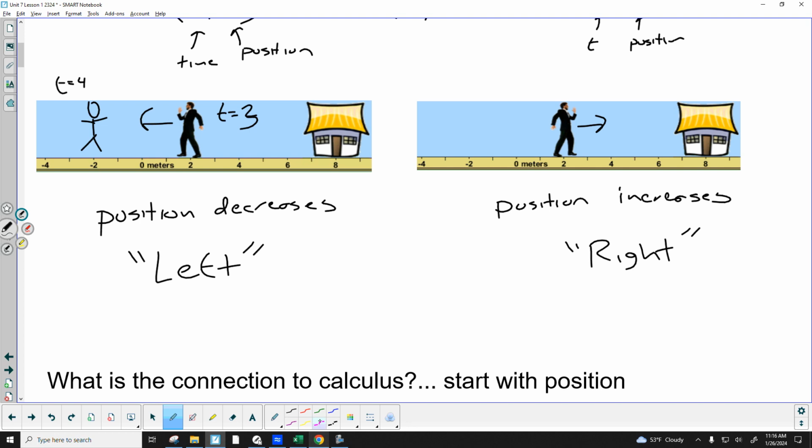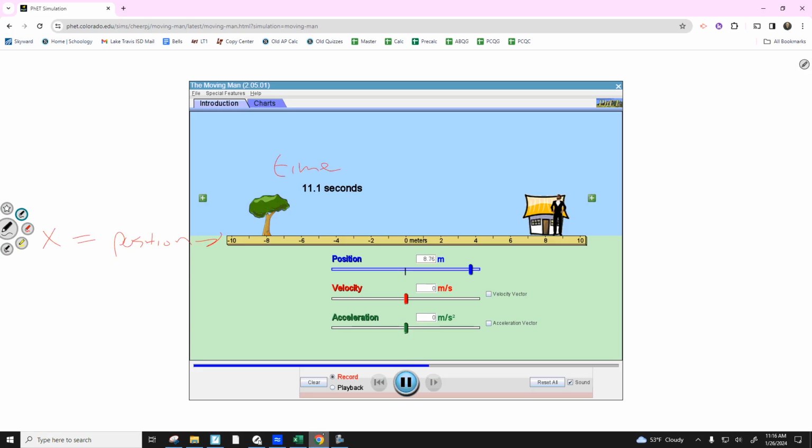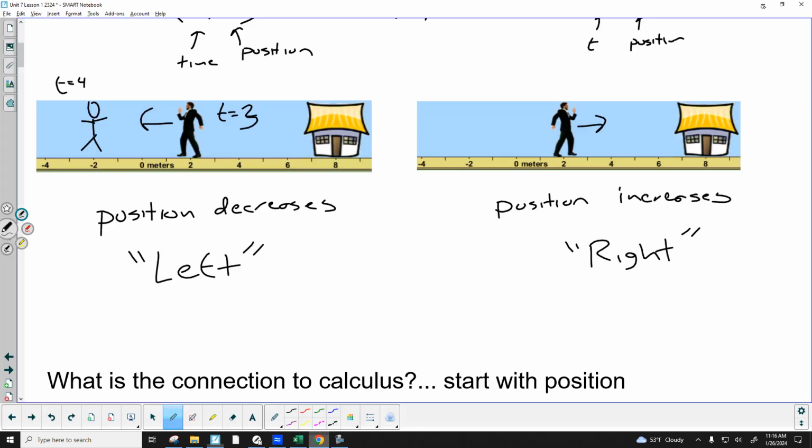What happens if the dude is standing still? He's not moving left or to the right. His position is constant. It's not moving. He's stopped. Cool.